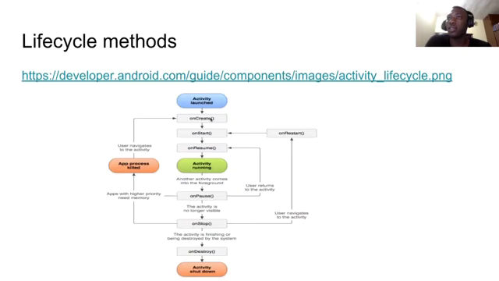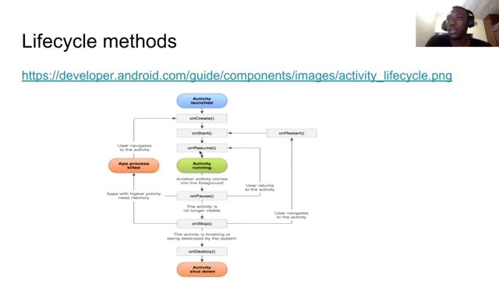So in the onCreate method, you want to check if saved instance state is null. Also, when our application is about to go into the background, it calls the onPause method. Then it comes back to the onResume method.